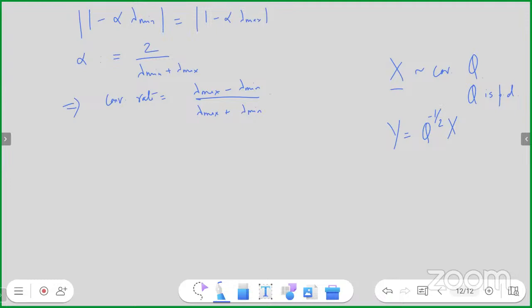Identity. Yeah, because of that. This is called whitening. Not seen this? This is very, very useful. So this is called colored and this is called white.